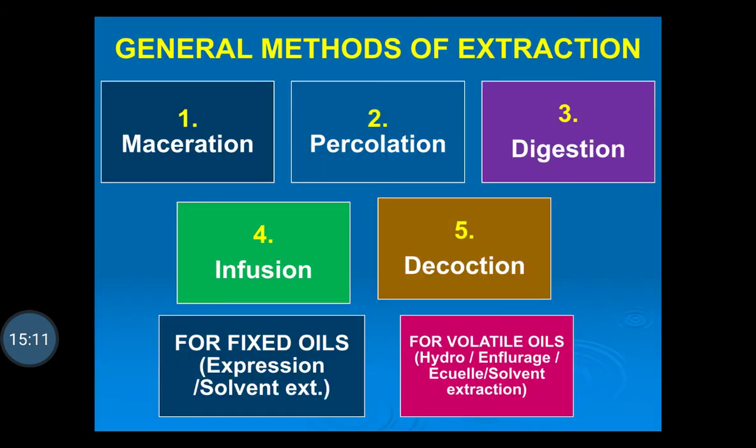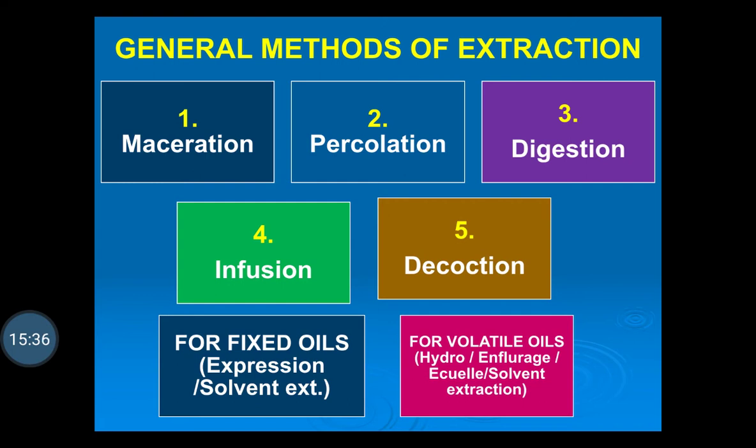The general methods of extraction are maceration, percolation, digestion, infusion, decoction, and for the fixed oil you can extract the fixed oil by means of the expression technique. For example, groundnut oil is extracted by means of the expression technique, or one can use the solvent extraction method for the extraction of the fixed oil.